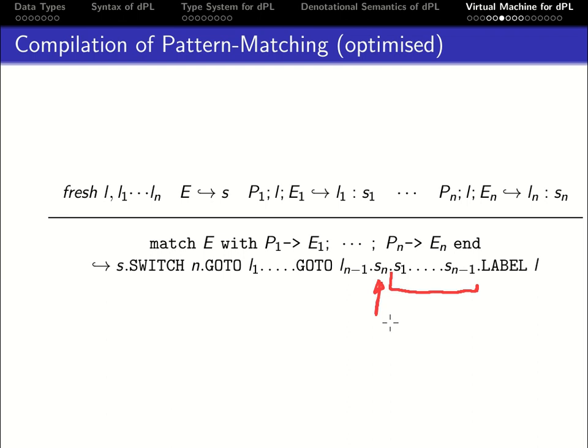I jump from right here, where previously there was a go to Ln, right? But now I can start executing the last branch. And, well, it's a minor optimization, right? But it saves one instruction, so the code is shorter by one instruction. And in that particular case, it's also faster by not having to jump twice.